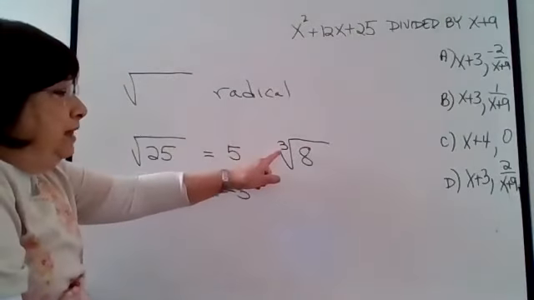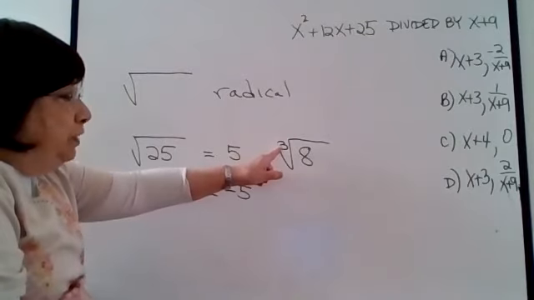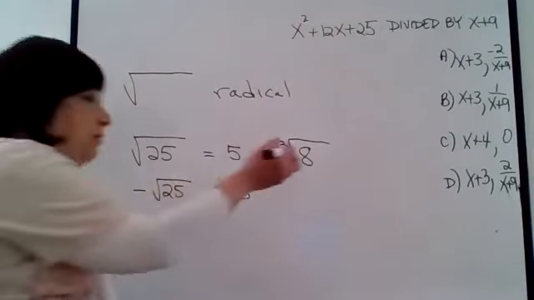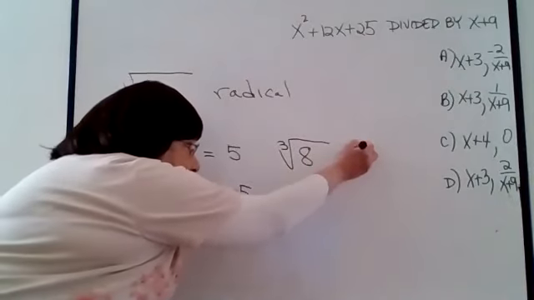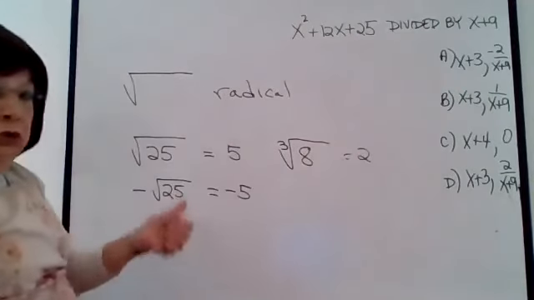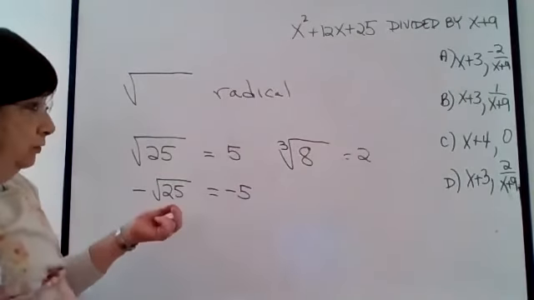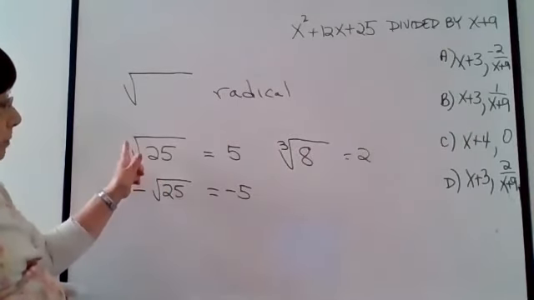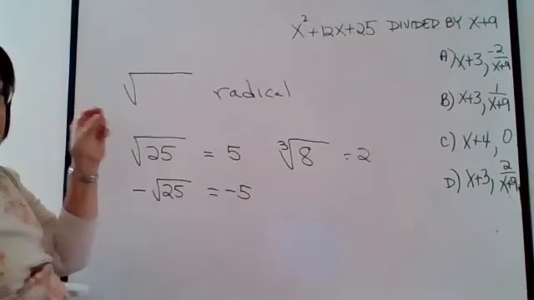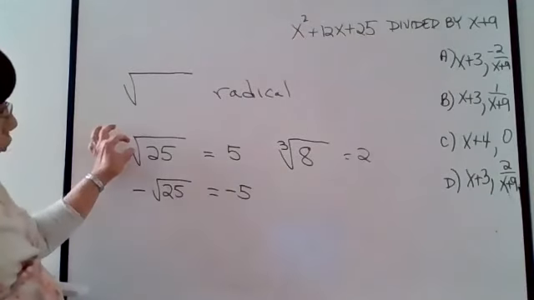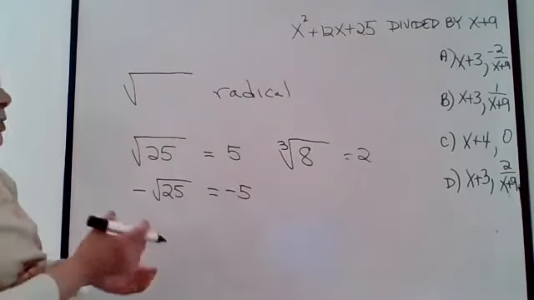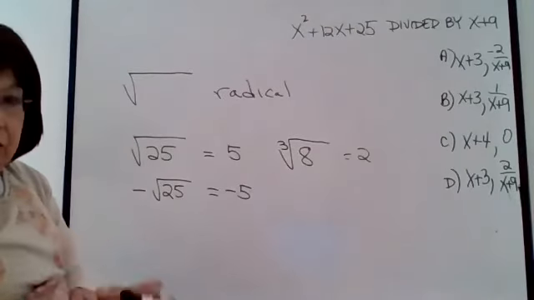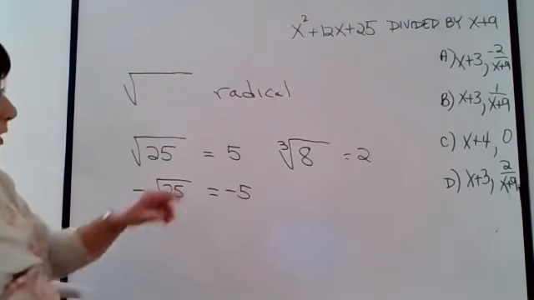And it means what number times itself 3 times will give you 8. And I think everybody would realize that that number has to be 2, because 2 times 2 times 2 gives you 8. Notice when there's no number inside that check mark, it's as if there's an invisible 2. There is an index here, but we just don't put it in. When there's no index, it means the index is 2. It means that it's a square root.